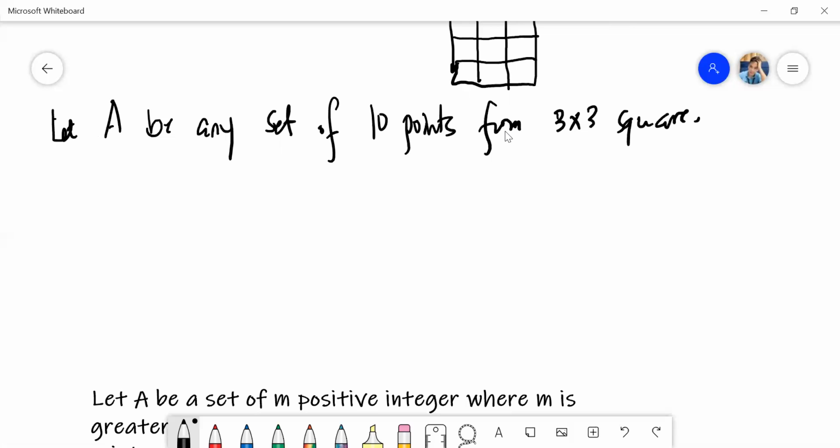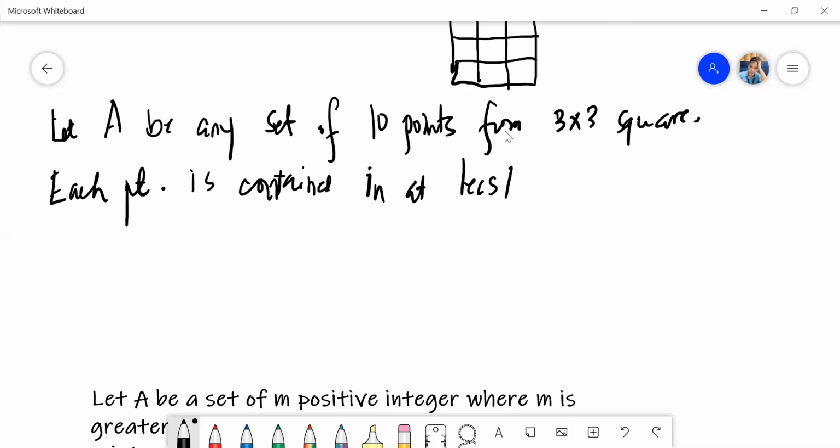Now, each point is contained in at least one of the 9 units.